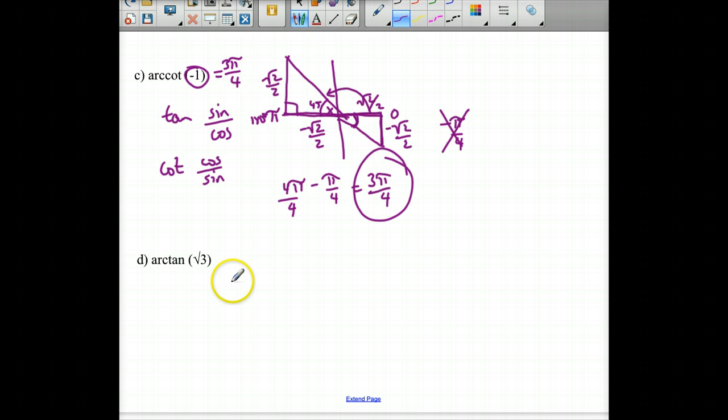How about arctan of square root of 3? So tangent is opposite over adjacent. How are we going to think about a square root of 3? From this angle, we know that's 1, so opposite over adjacent.